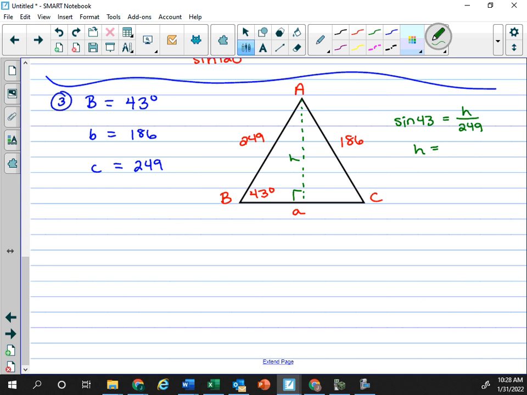So approximately, what do we get for the height here? 170, good. So do we see that the rope is bigger than the height? And are we okay with the rope also being less than the tree? So what does that mean? Two triangles, of course, right? Two triangles.